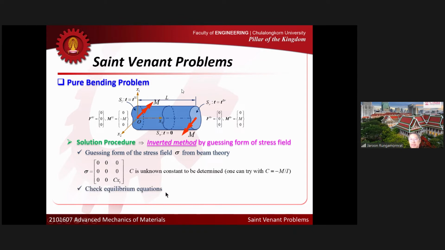Okay. Now I start checking equilibrium conditions. So I can verify it easily for this particular case. If you take a look at, sorry, this is not right. So I think this is wrong. This is not constant.